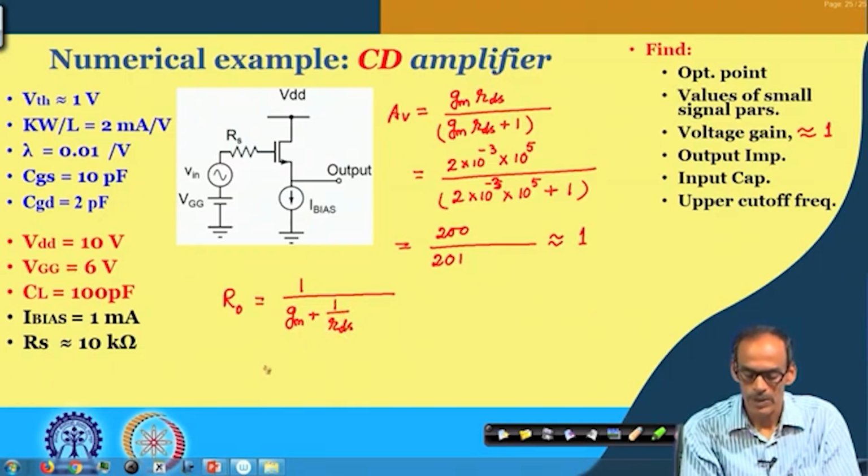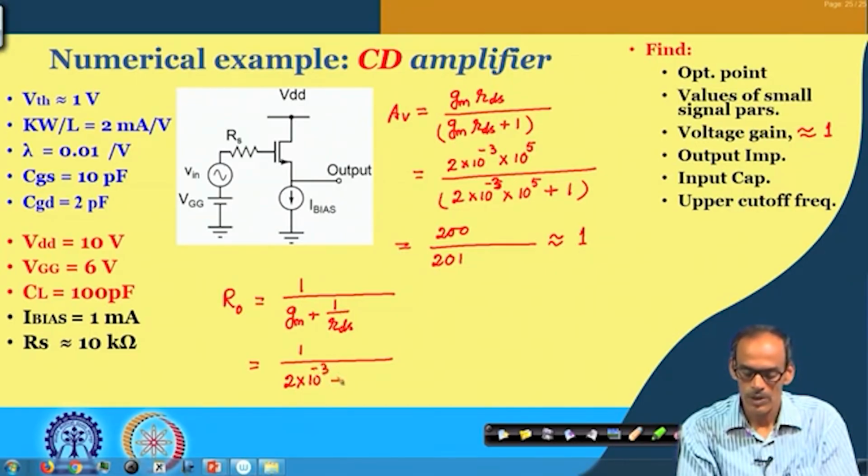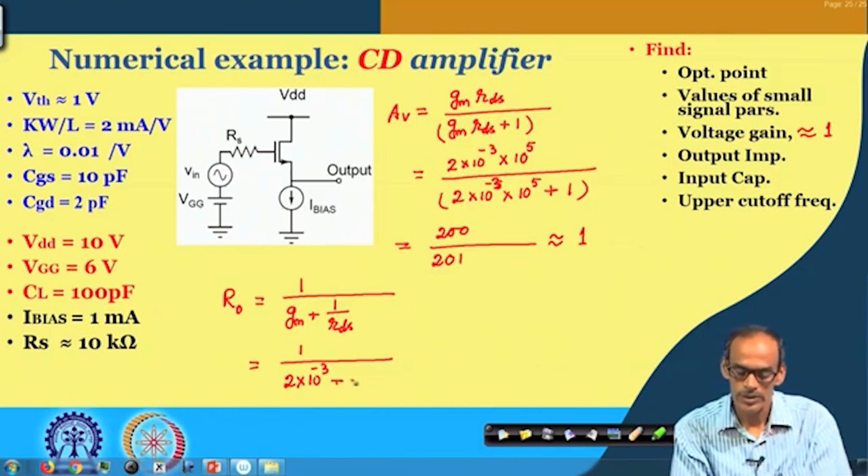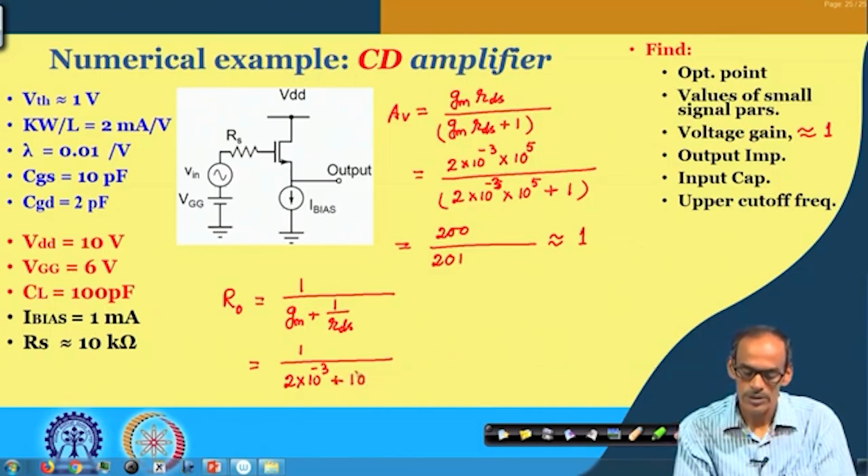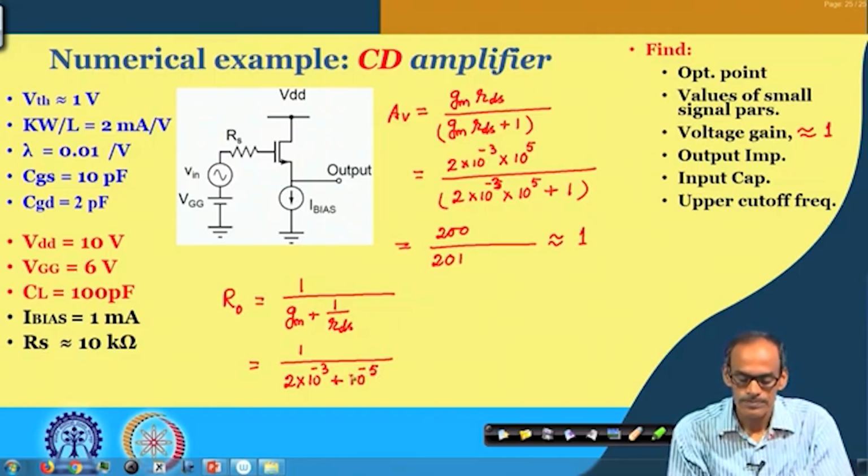So what we have here is 1 divided by GM, which is 2 milli, 2 into 10 to the power minus 3, and then 1 by RDS. So that is 10 to the power minus 5. All right.